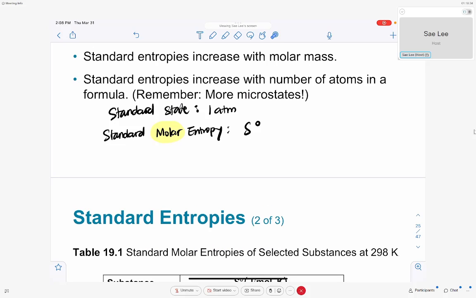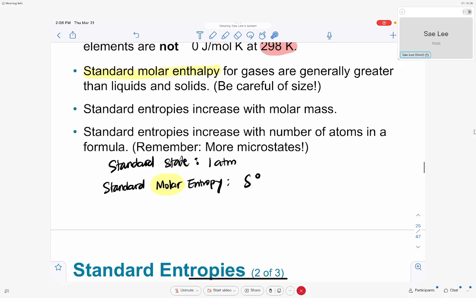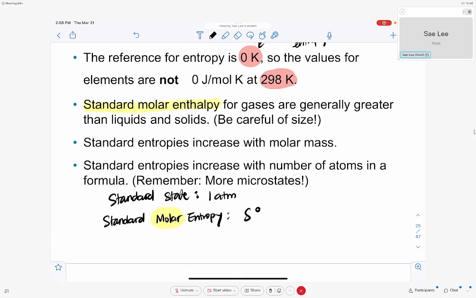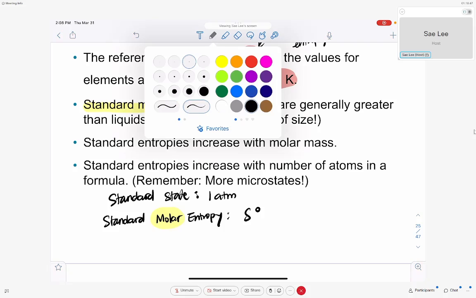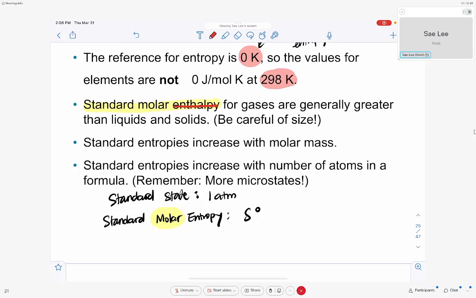Regarding standard molar entropy, can you please make a correction? Not enthalpy, I made a typo.